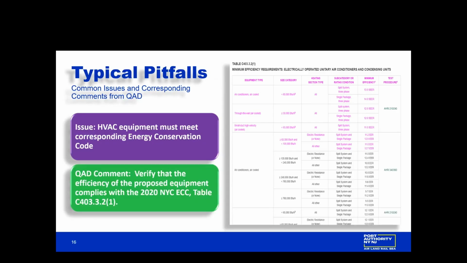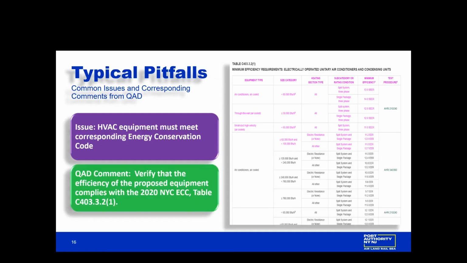Now I'll talk about some typical pitfalls and things that we commonly come across, and some of the comments that we would make. The issue would be like if there's new HVAC equipment, well, it's got to meet the energy conservation code.